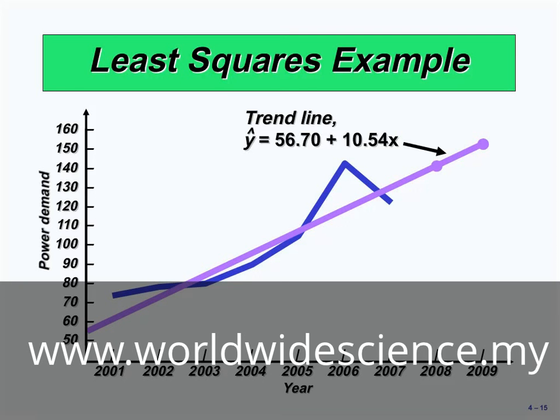If you compare this line and the real demand, you will see they are a little similar. They are near together, but we have error here. Sometimes the error is very little, and sometimes, for example, in 2006, the error is very much.